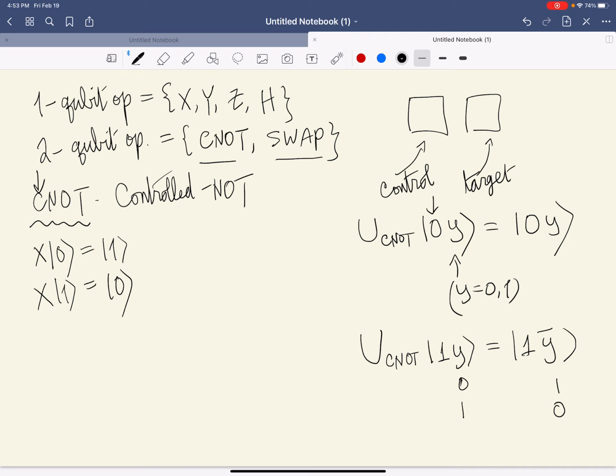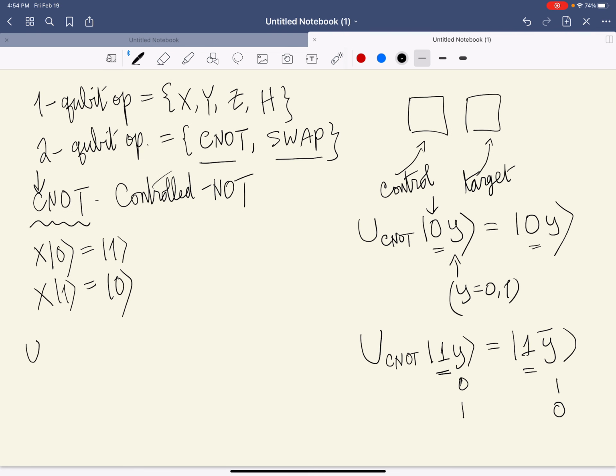Okay, so it's a not operation on the second qubit, but it's only doing that if the first qubit happens to be in the 1 state. And the not operation does not switch on if the first qubit is in the 0 state.